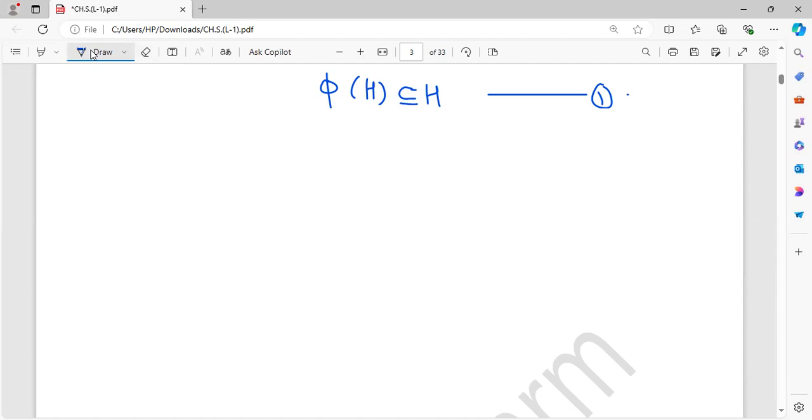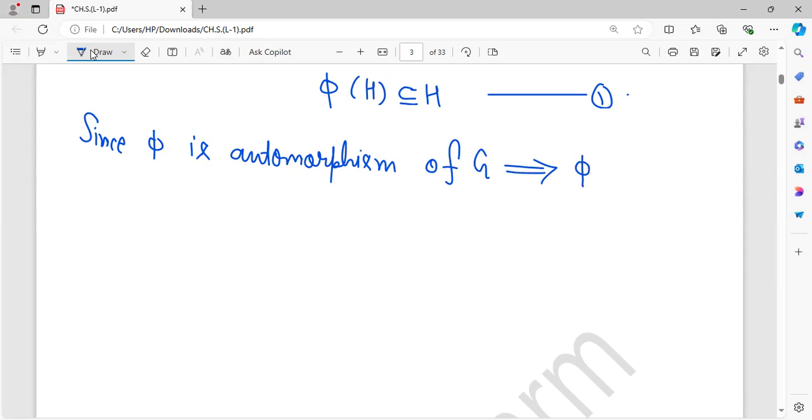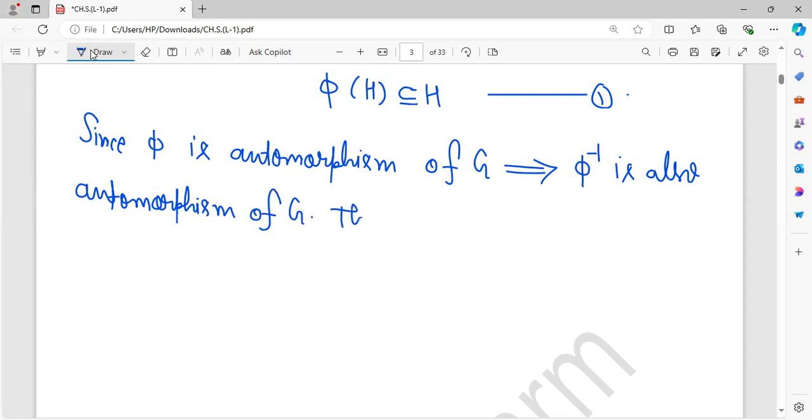Now, since phi is an isomorphism of G, its inverse, phi inverse, is also an isomorphism of G. Therefore, we have phi inverse H contained in H. So what does it mean?